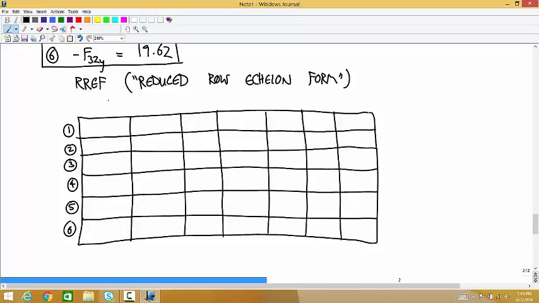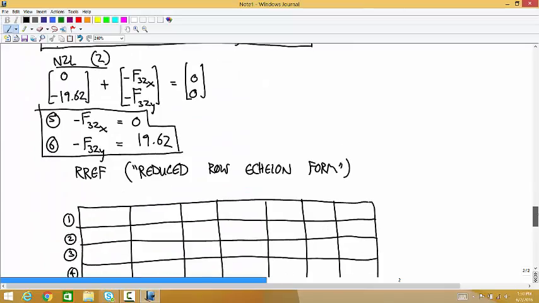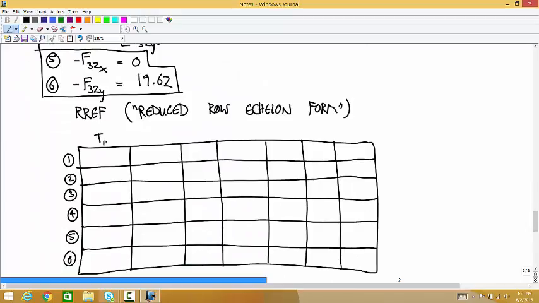Okay. And each one of these columns represents a variable. So what are our variables? We have T1, N1, T2, N3, F32X, F32Y, and then the last column represents the constants, and those have to be alone on the right side of the equation.